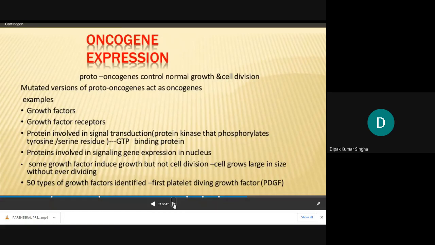If by any chance something exposes or activates the proto-oncogene, it is converted; a mutated proto-oncogene is nothing but an oncogene, and that oncogene produces growth factors, growth factor receptors, proteins involved in signal transduction, proteins involved in signaling gene expression in the nucleus, and some growth factors including growth but not cell division. Fifty types of growth factor have been identified, the first being platelet-derived growth factor, PDGF. So these are the factors which can activate or aggravate with the influence of the oncogene, and finally the cancer will become.